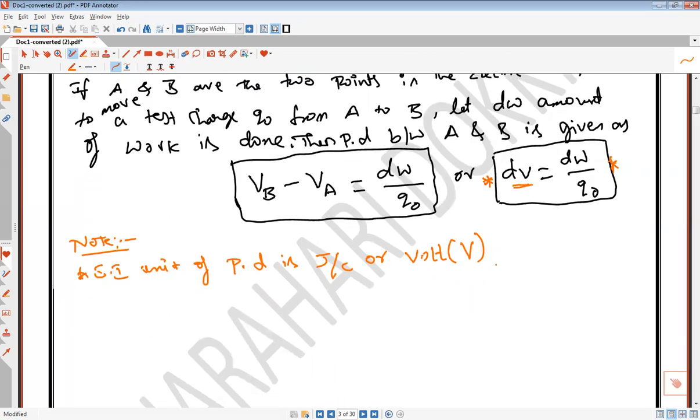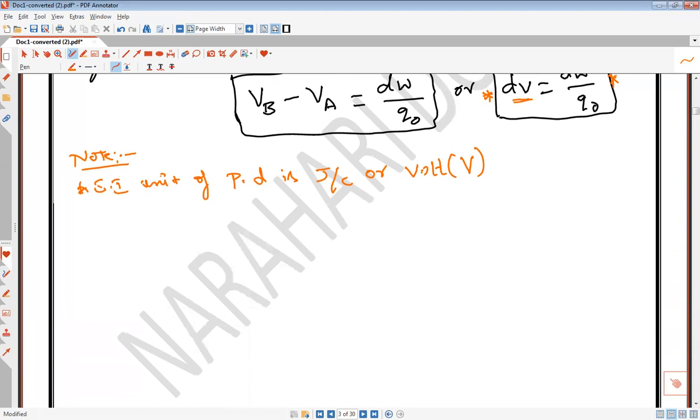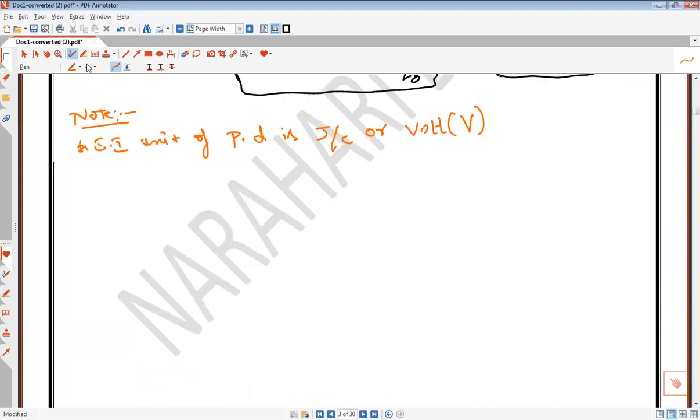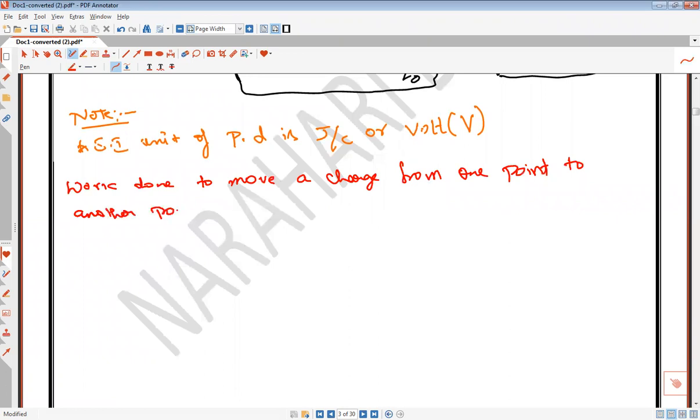After understanding the idea of potential difference, we will now try to understand what will be the work done to move a charge from one point to another point in the electric field.